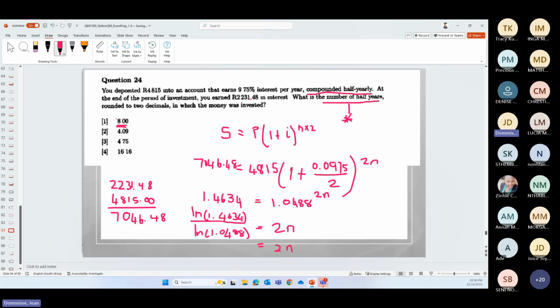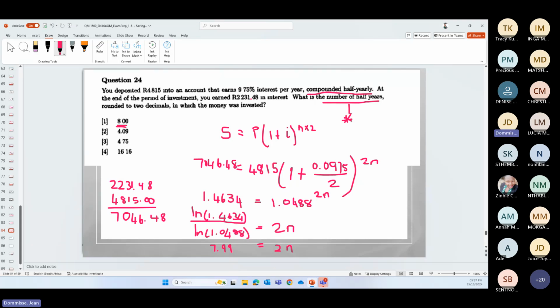So let's quickly check if I now made the correct assumption here. So that is 7.99. Okay, so let's quickly see that is correct.